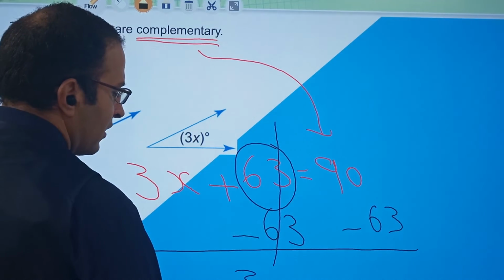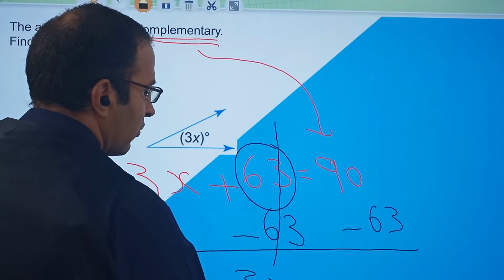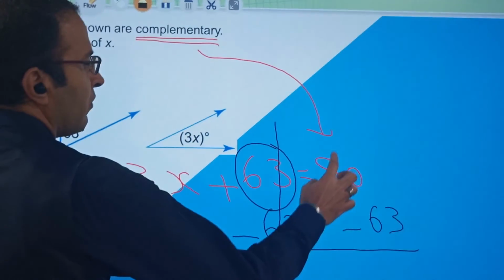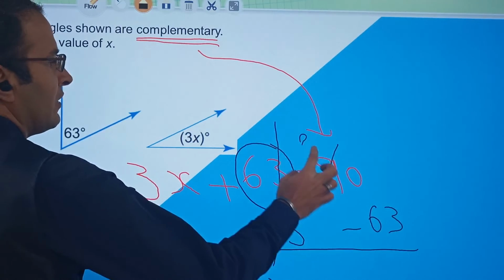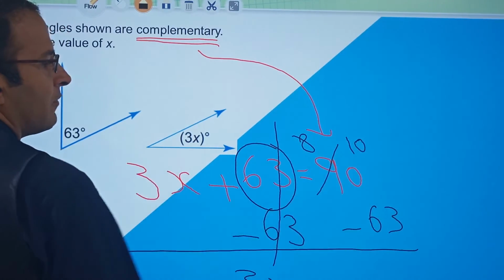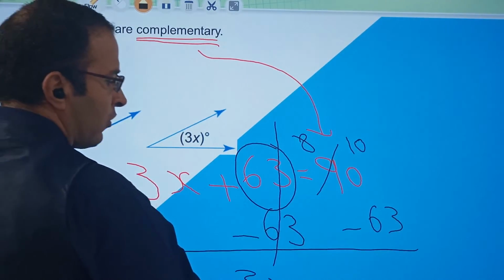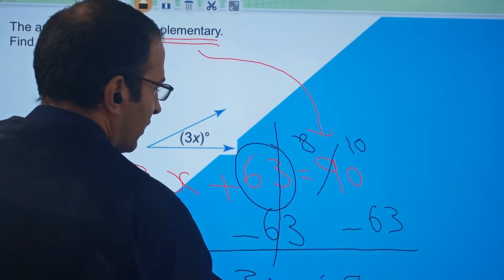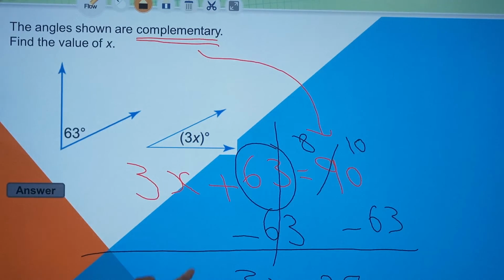So 3x here, my friend, is equal to 90 minus 63. We will subtract that. 1 from 9 would be 8, and here we have 10. 10 minus 3 equals 7. And 8 minus 6 equals 2. So we have 3x is equal to 27.